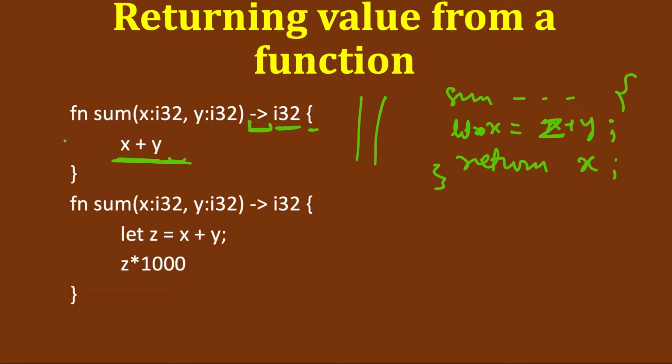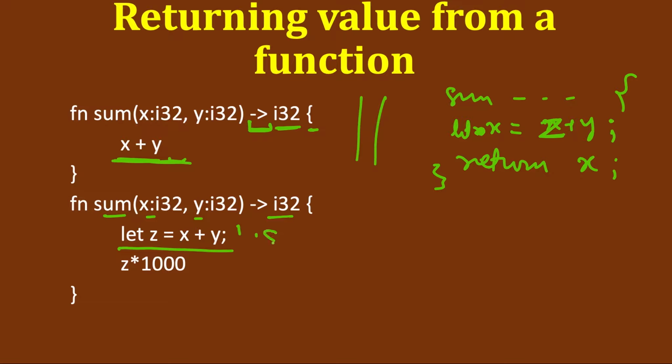So we can return early from the function using the return keyword and specifying a value, but most functions return the last expression implicitly. Similarly, we can have multiple statements here. This is a sum function which takes two parameters of type i32 and returns i32. So here we have done some calculation. We have added x plus y and assigned it to z.